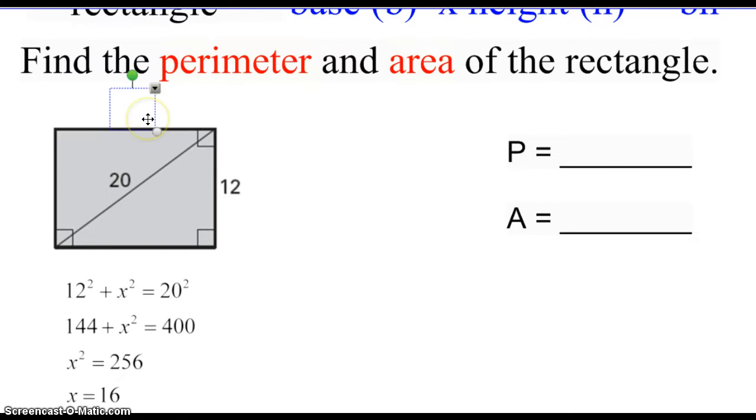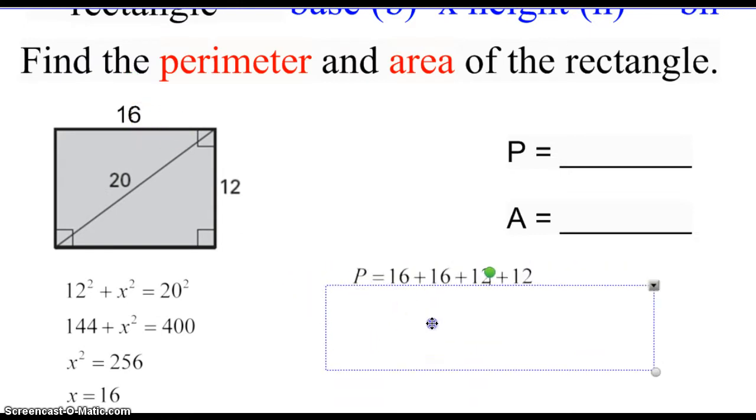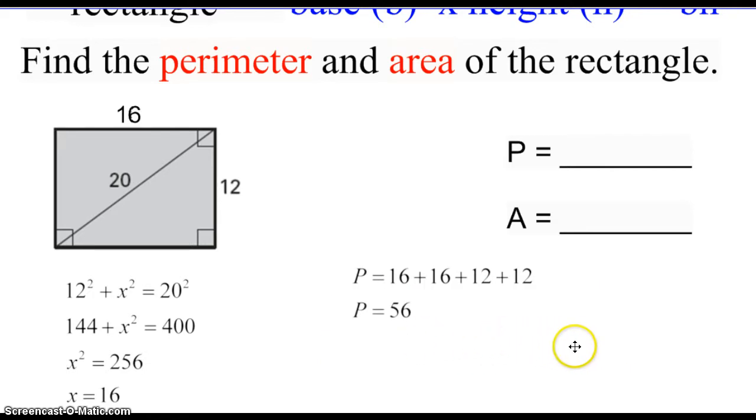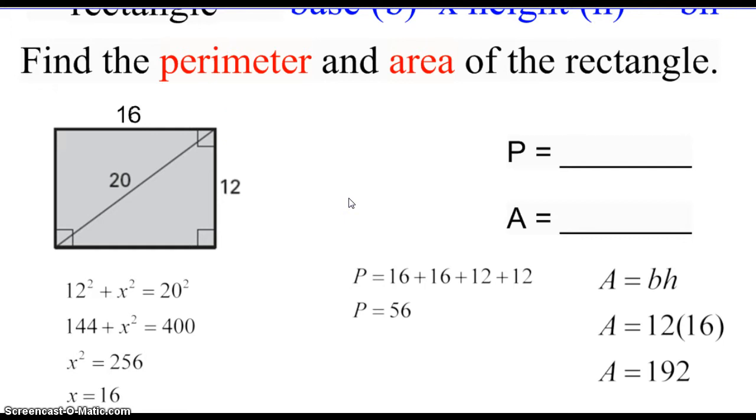So now I know this side of my rectangle, 16. So if I need to find perimeter first, then it's simply 16 plus 16 plus 12 plus 12, and my perimeter would be 56. Area, formula equals base times height, 12 times 16, and it's 192.